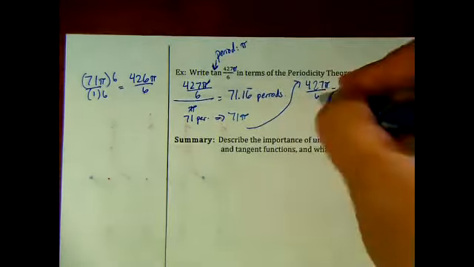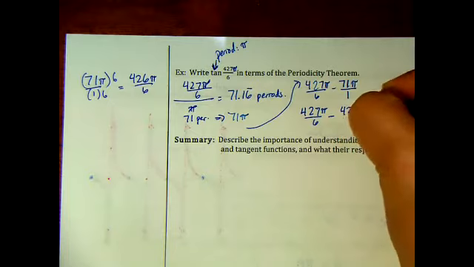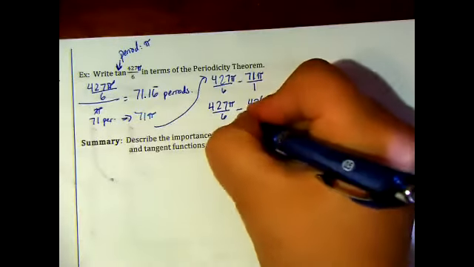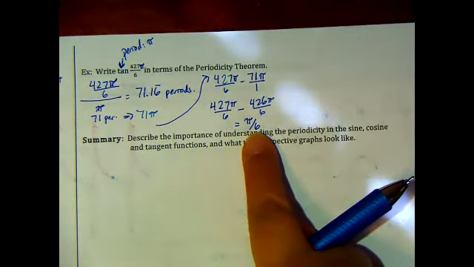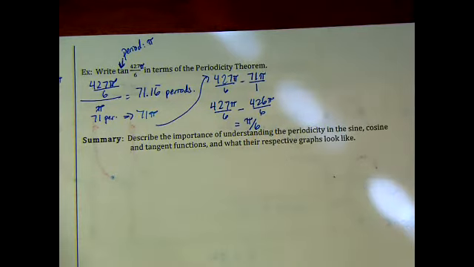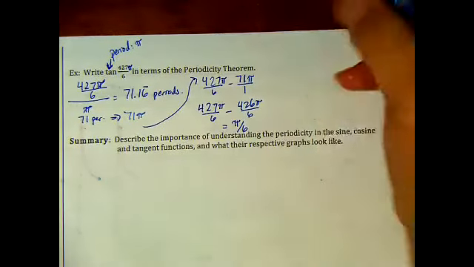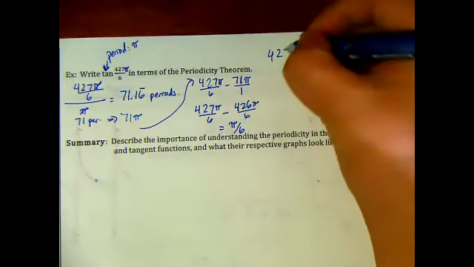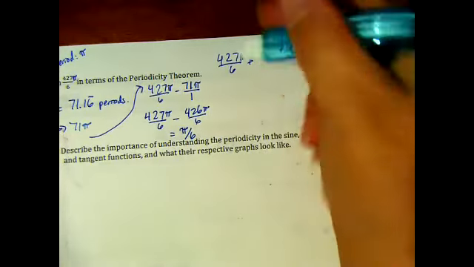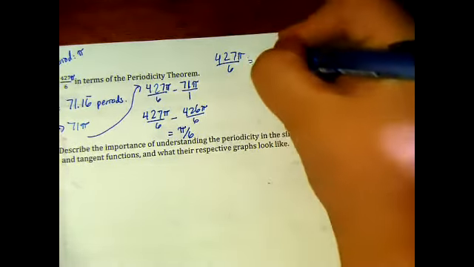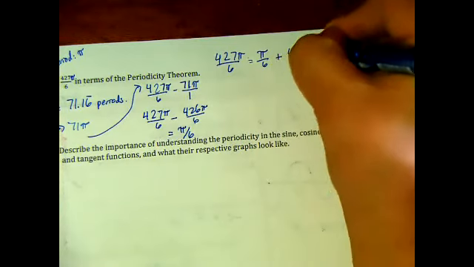So this is the equivalent of doing 427 pi over 6 minus 426 pi over 6, which equals pi over 6. So my theta, between 0 and 2 pi, is pi over 6. I can rewrite 427 pi over 6 as pi over 6 plus 426 pi over 6.